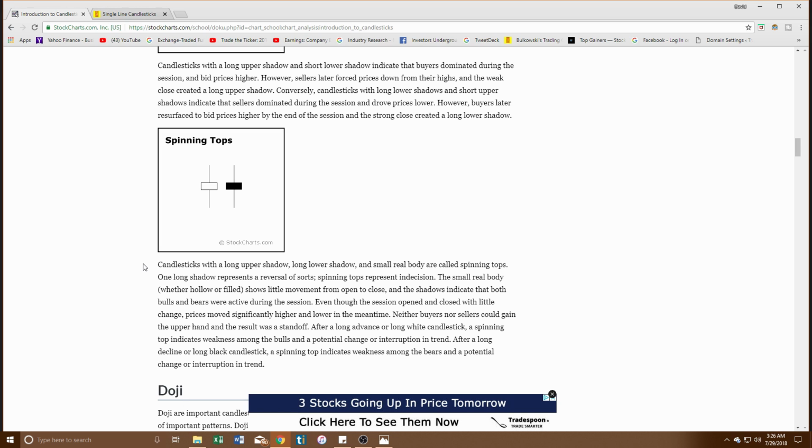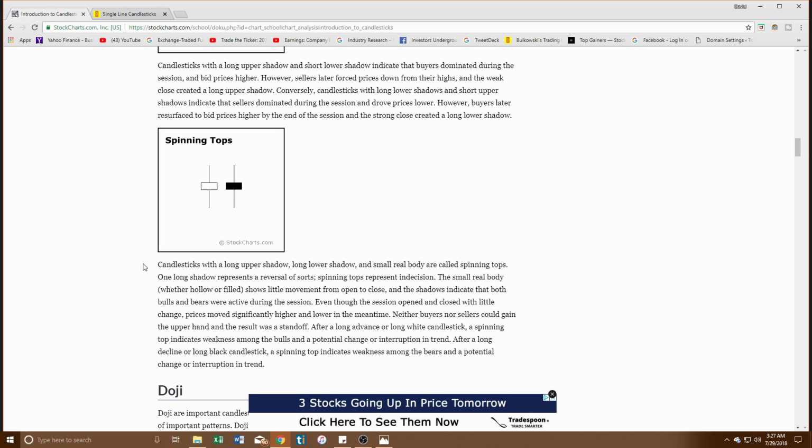One long shadow represents a reversal of sorts. Spinning tops represent indecision. The small real body, whether hollow or filled, shows little movement from open to close, and the shadows indicate that both bulls and bears were active during the session.